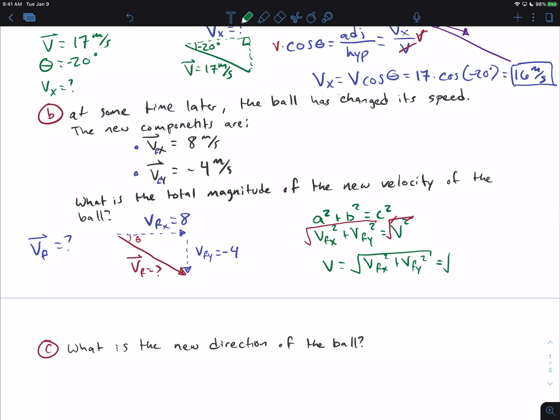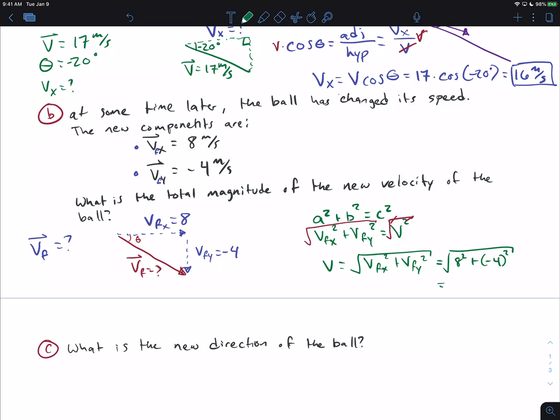Now plugging everything in, I'm going to put 8 squared plus negative 4 squared. If you type this into your calculator, put the negative 4 in parentheses so that it doesn't get left out, because calculators will tend to do that. So make sure you put this in parentheses.